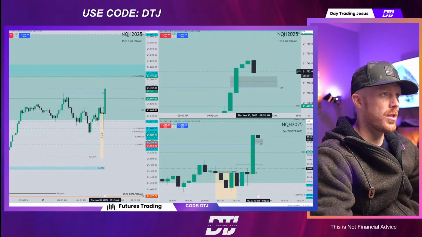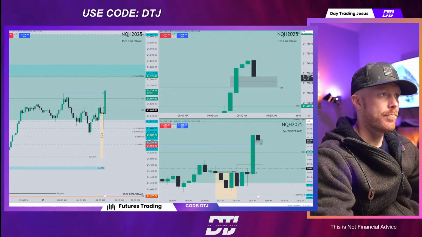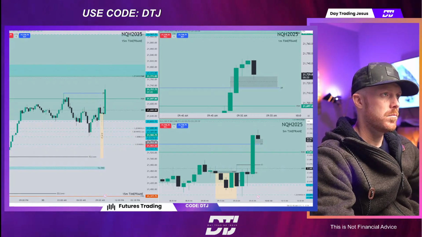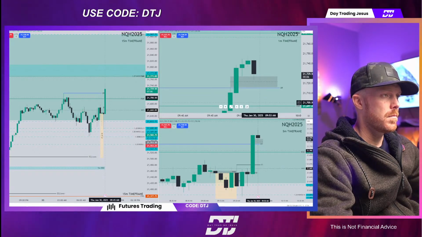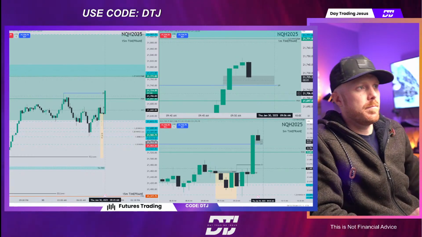I'm going to see where this body closes, but I'm open to taking a long here inside of this fair value gap. I'm going to give it a little bit.